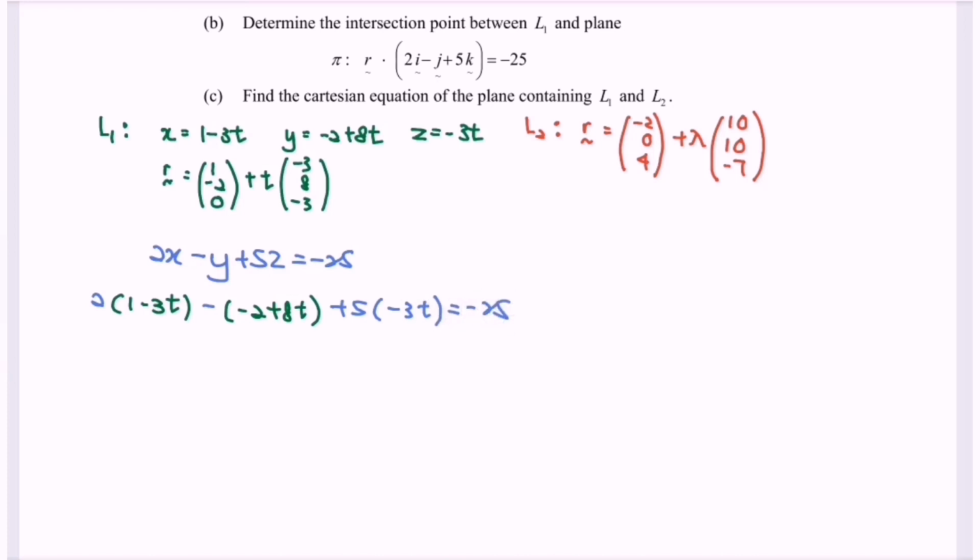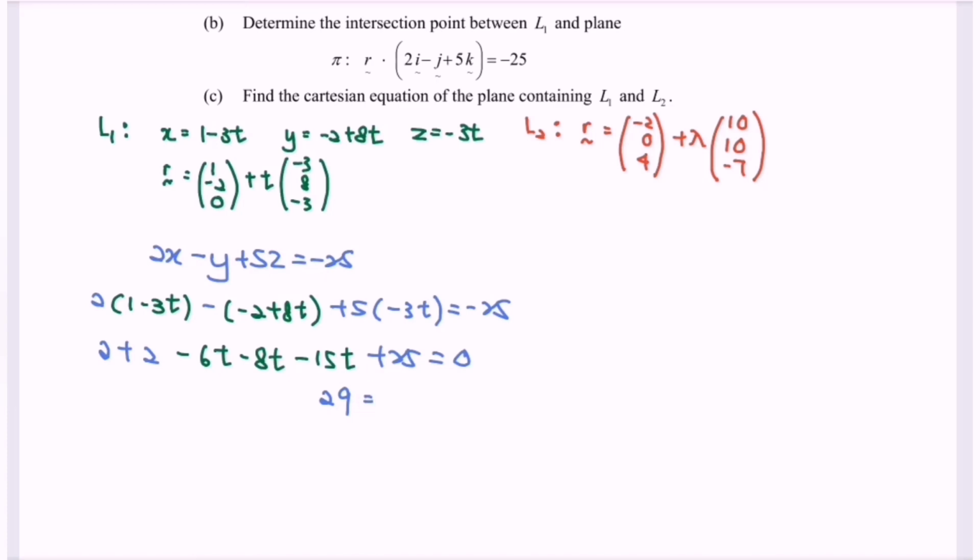Kindly expand and then rearrange. Here we have 2 and then positive 2, and next negative 6t, negative 8t, negative 15t, plus 25 equals 0.